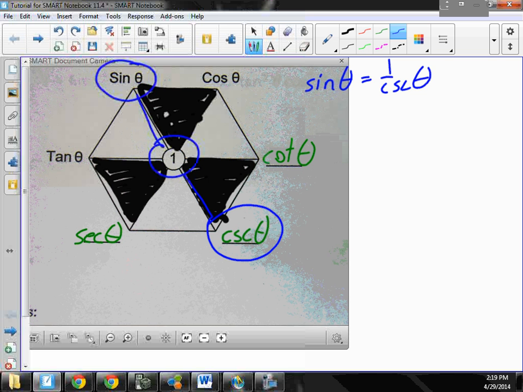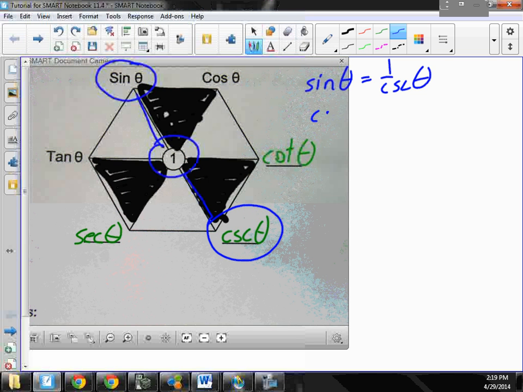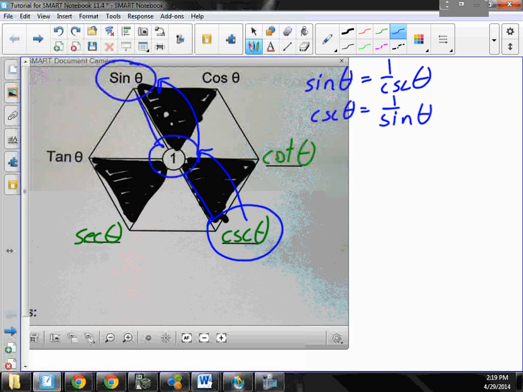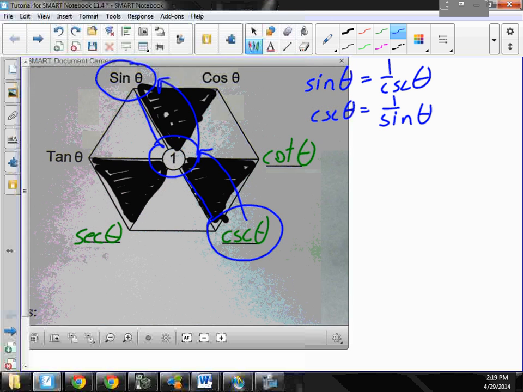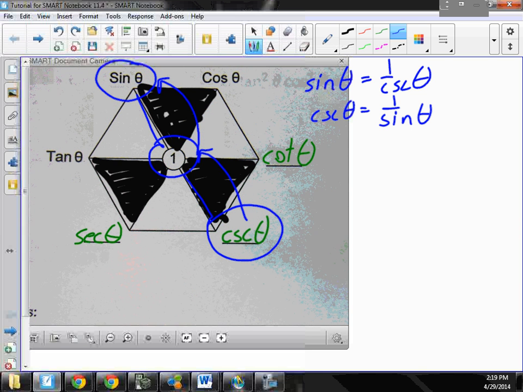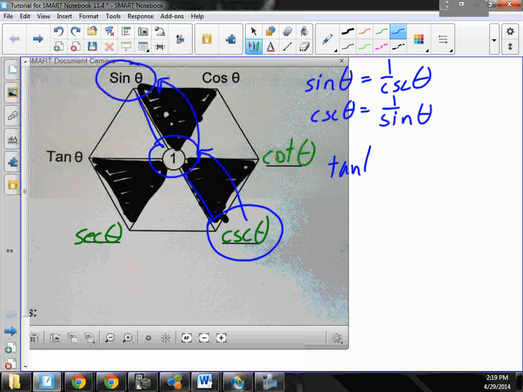And I can also go backwards. Cosecant of theta is 1 over the sine of theta. I could go the other direction. What's another one? Tangent of theta is equal to 1 over the cotangent of theta.